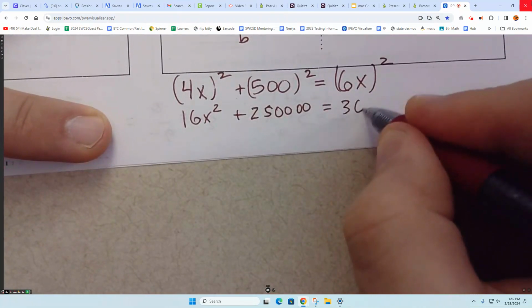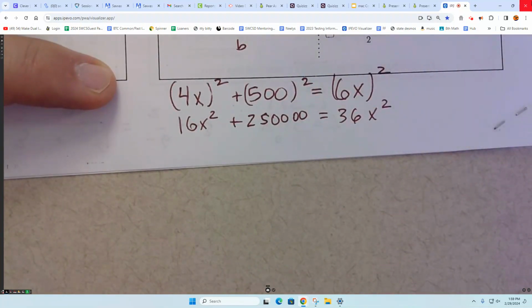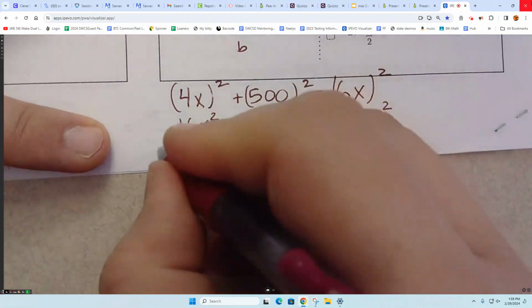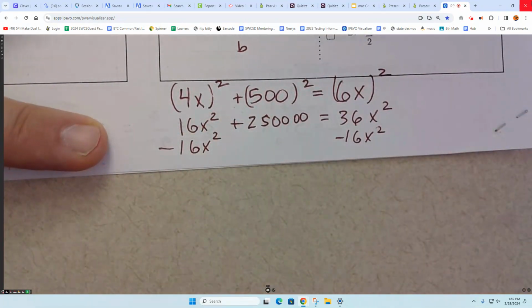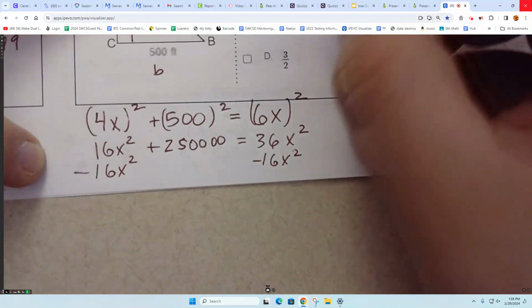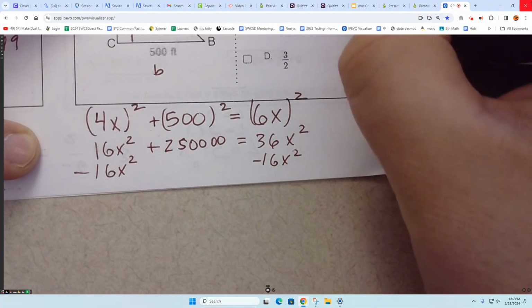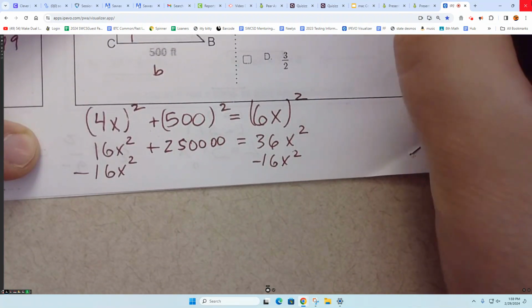Equals 36x squared. We only have one type of x, which is an x squared. So we can solve this. Let's subtract 16x squared from both sides. I get 25 with 4 zeros equals 20x squared.